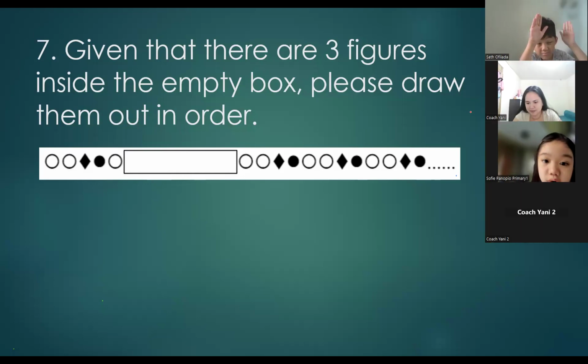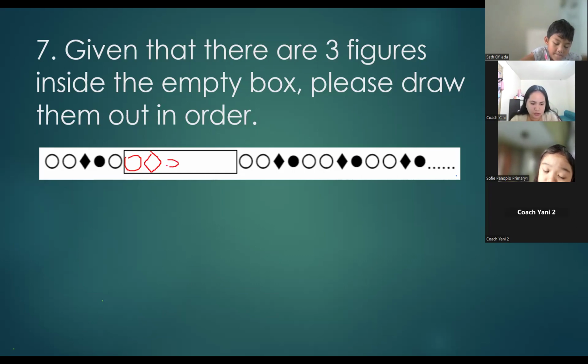What's your answer here? The first one in the box is a circle. Then the second one in the box is a diamond. And the third one in the box is a circle. Okay, thank you so much, Sophie.